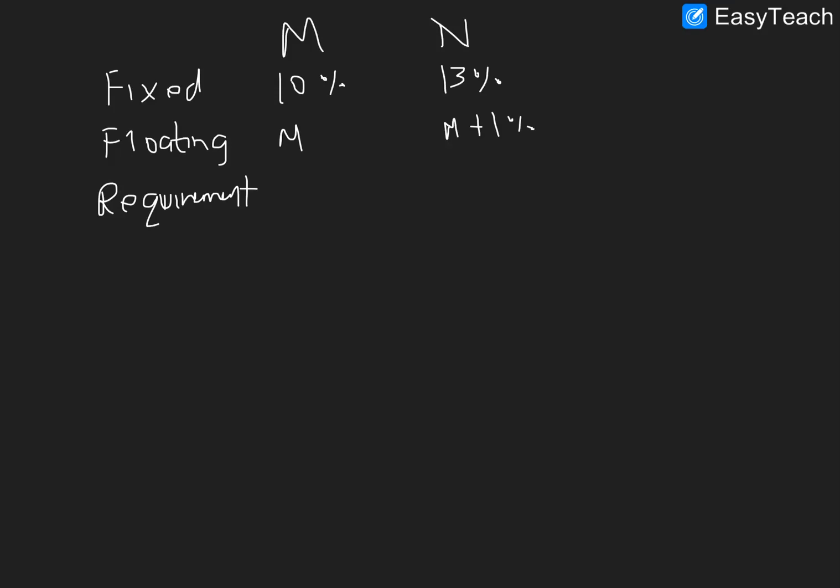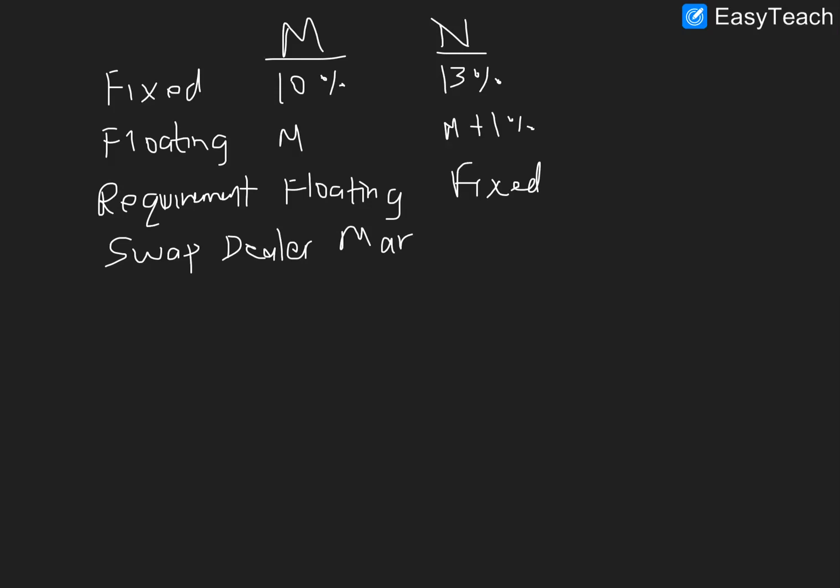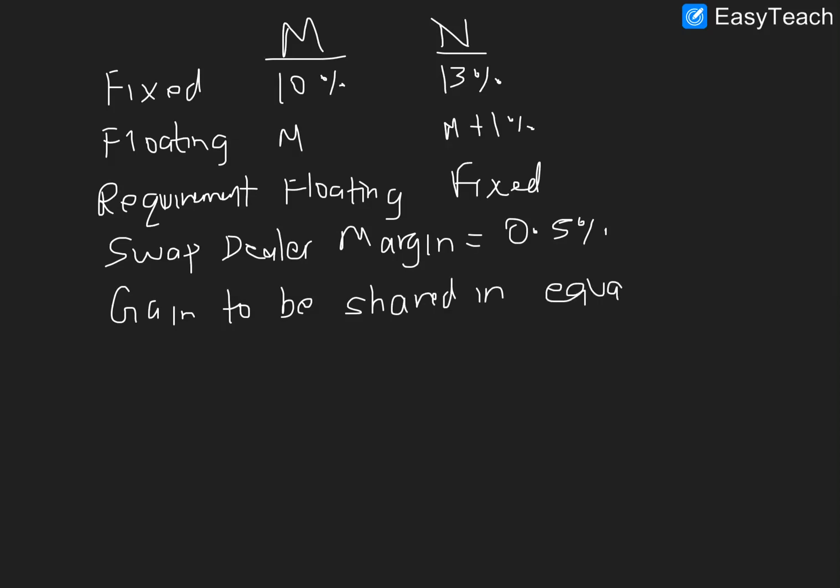The requirement is that M requires a floating loan, N requires a fixed rate loan, and there's a swap dealer who is asking for its margin of, let's say, 0.5%, and the gain to be shared in equal ratio.